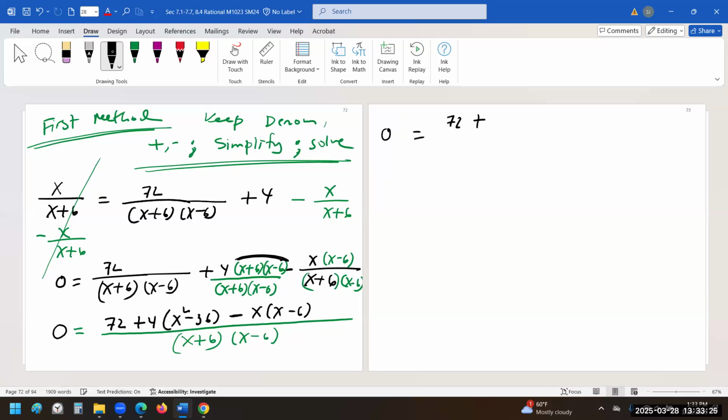So 72 plus 4x squared minus 144. Ta-da. And then we have negative x times x, negative x times 6, negative 6. So negative x squared and then plus 6x. I still have my denominators, which I want to keep.